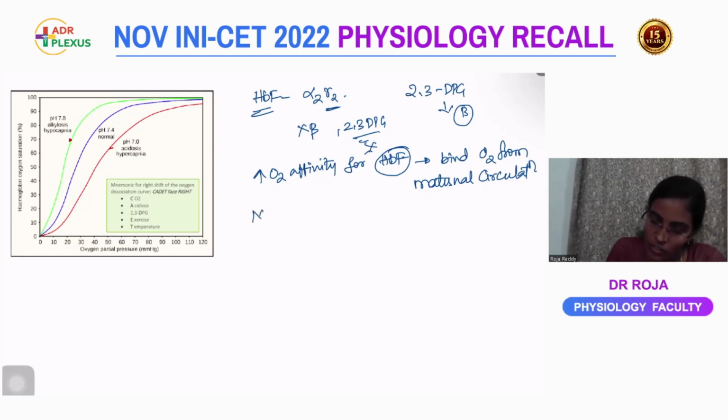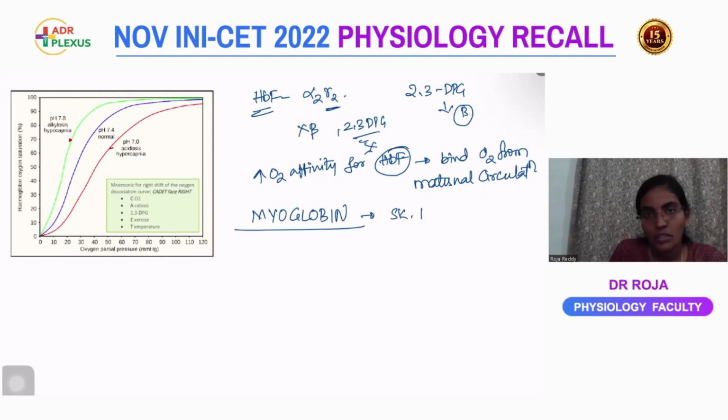Then we have another graph, that is the myoglobin. This is another component present in skeletal muscle, which is again iron containing. It is an iron containing protein, so it can bind with one molecule of oxygen, unlike normal hemoglobin, which can bind with 4 molecules.